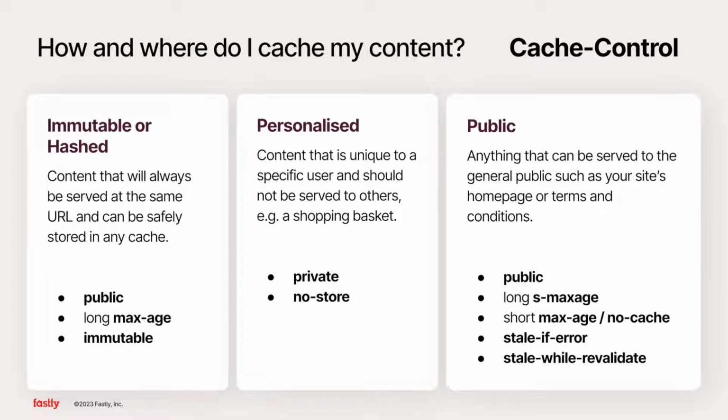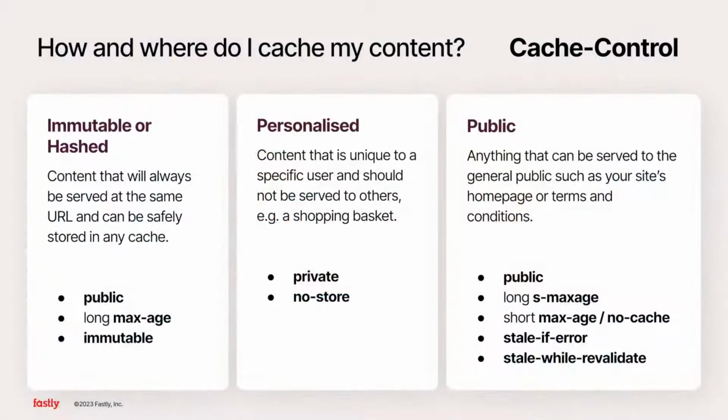So these kinds of resources should have the private directive to tell shared caches like Fastly that we absolutely must not copy this resource to any other user. It's really important that you include the private directive there and not just no store or no cache, and also no store, because you also want both the browser and any shared caches to not store this resource in cache.